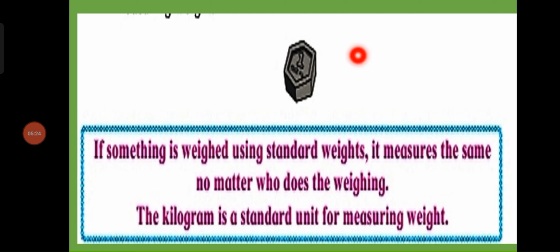So children, instead of marbles, we will use a standard unit, standard weight to measure it. If something is weighed using standard weights, it measures the same no matter who does the weighing. The kilogram is a standard unit for measuring weight.